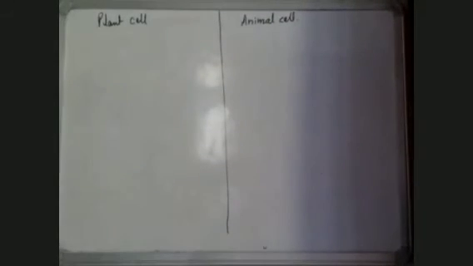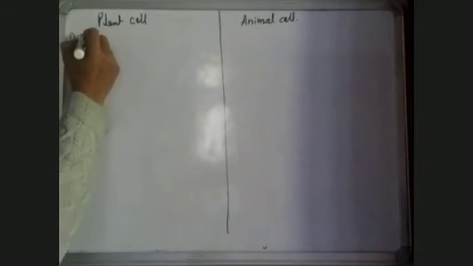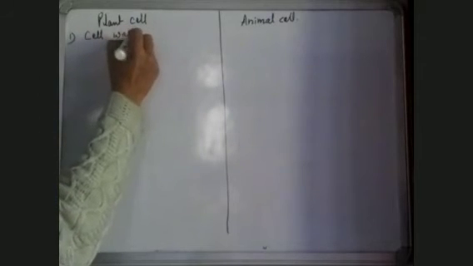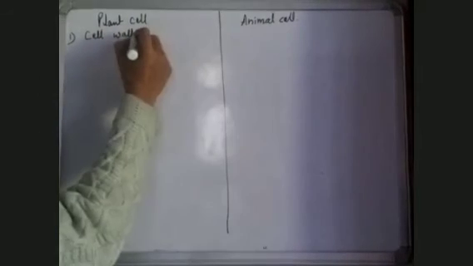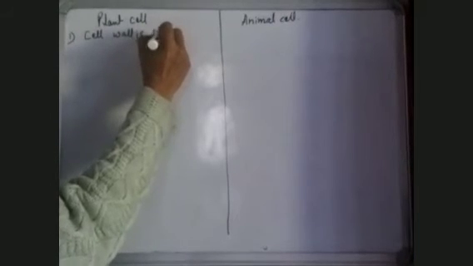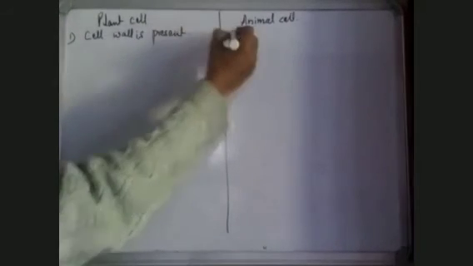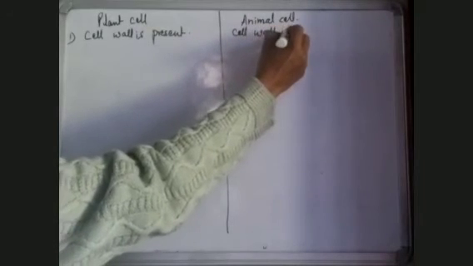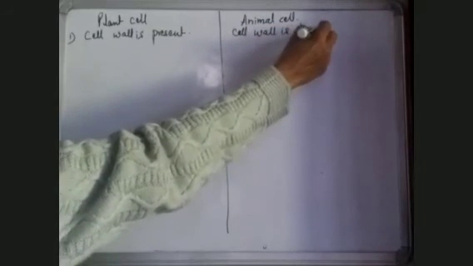So the difference between plant cell and animal cell, the first difference is the presence of cell wall. Cell wall is present here. Whereas in this case, the cell wall is absent. This is the first difference.